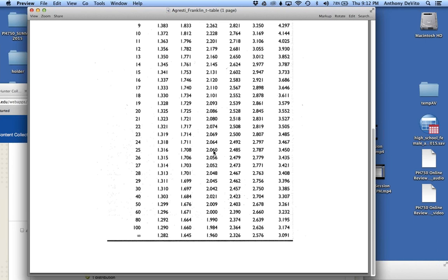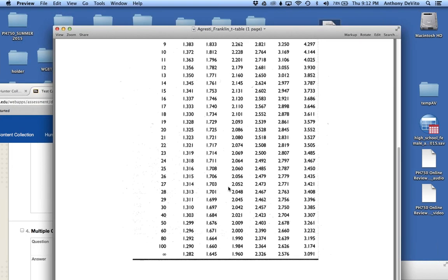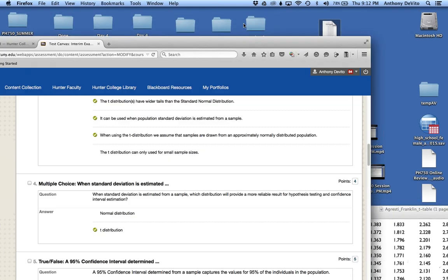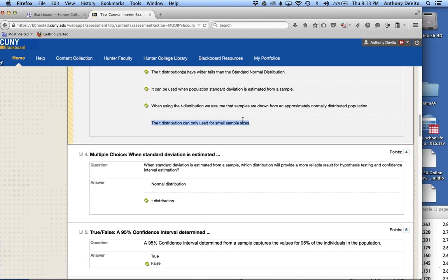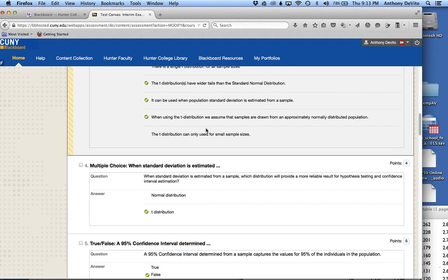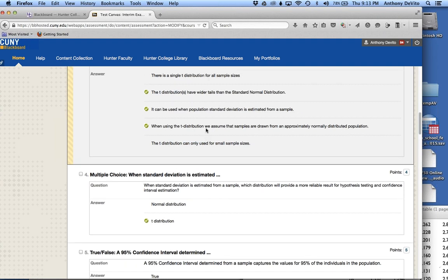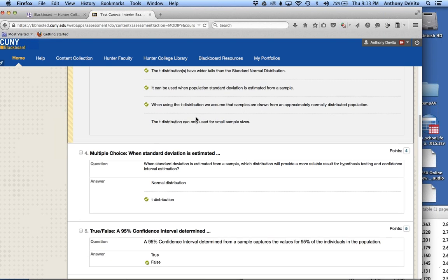In fact, SPSS always uses the t distribution, no matter what the sample size is, rather than assuming it's the same as the z distribution, which is only absolutely perfectly true at infinity. So SPSS correctly uses the t distribution for any sample size, though it's particularly important for small samples. But to say it can only be used for small sample sizes is wrong.